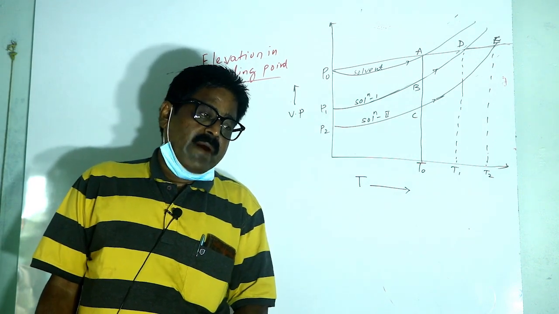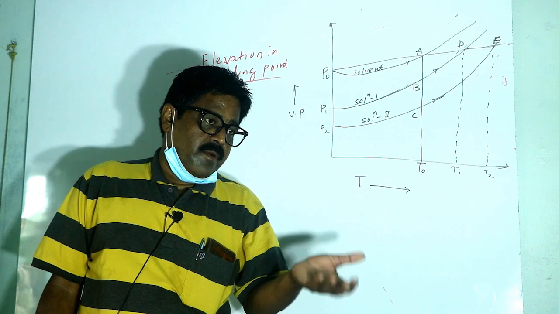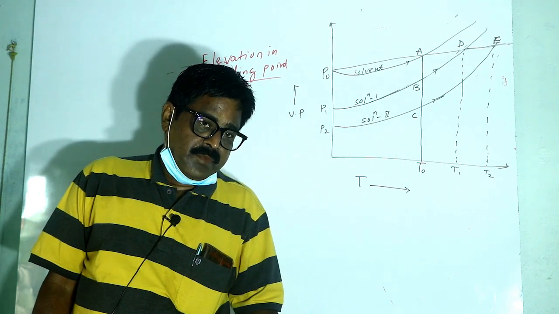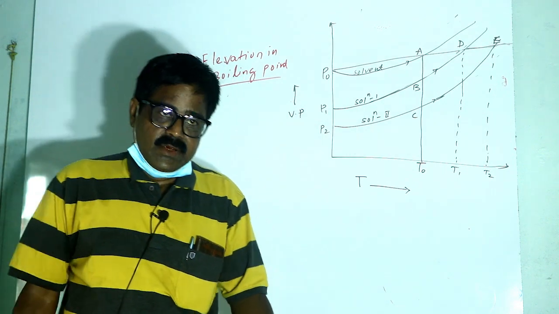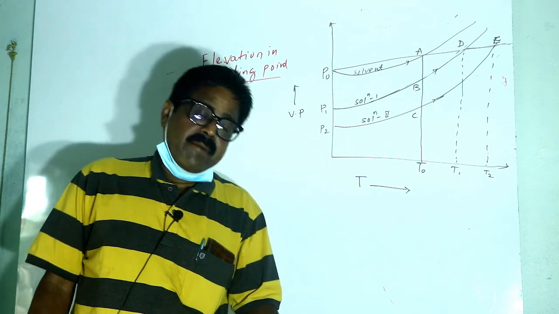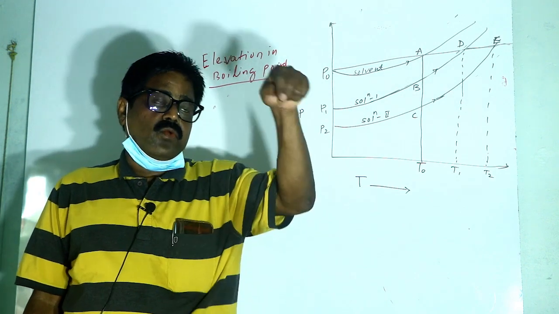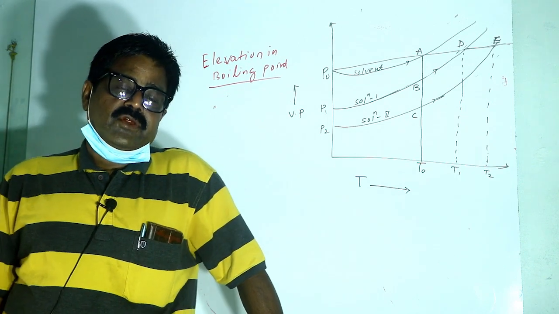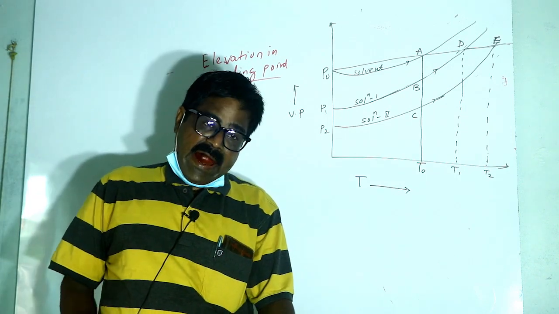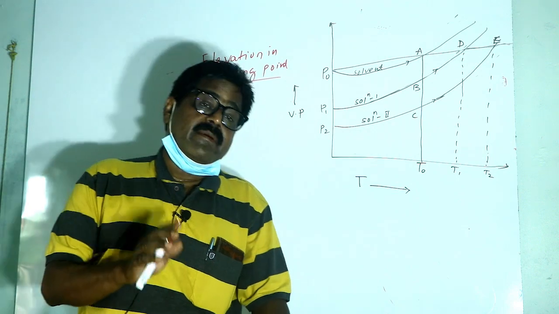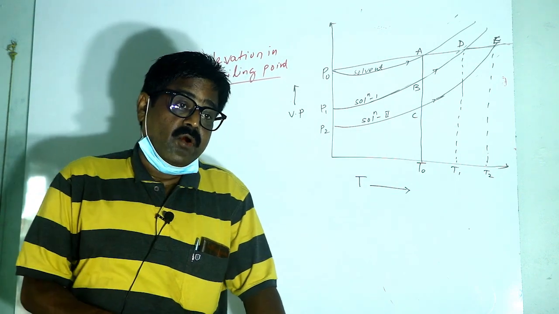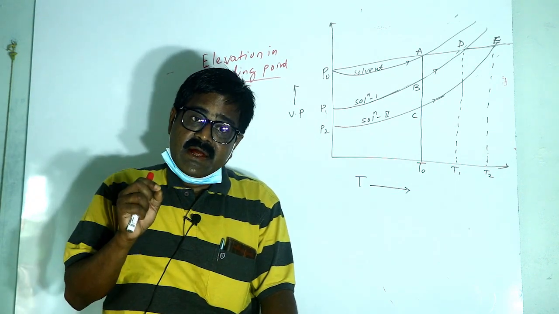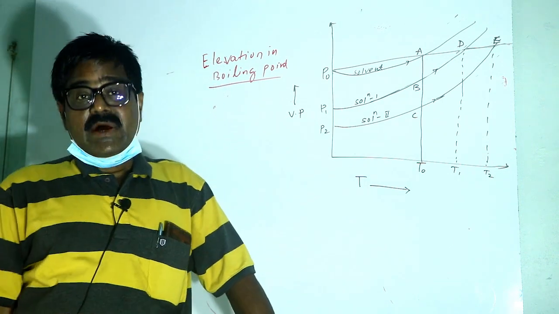So the vapor that is removed from the liquid may not reach that pressure, so we have to heat the liquid to make the vapor pressure equal to 1 atmosphere pressure. Let's consider water. You know the boiling point of water at 1 atmosphere pressure is 100 degree centigrade or 373 Kelvin. But not always.